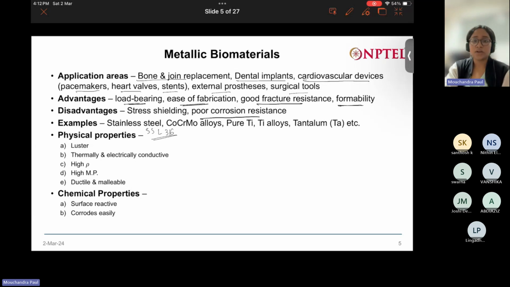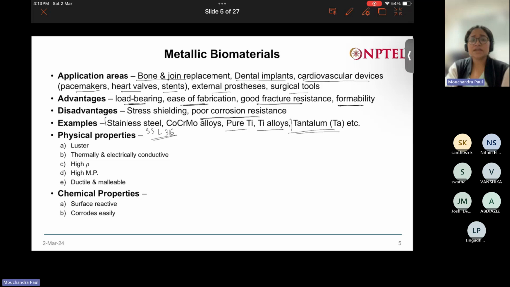And also there are alloys like cobalt, chromium, molybdenum alloys, then titanium alloys, and even pure titanium is also used. These four or five examples are most commonly used for orthopedic applications, for bone and cartilage. Whereas tantalum is a comparatively soft material, so it has been used for dental applications as well.